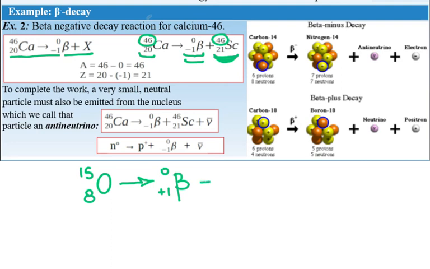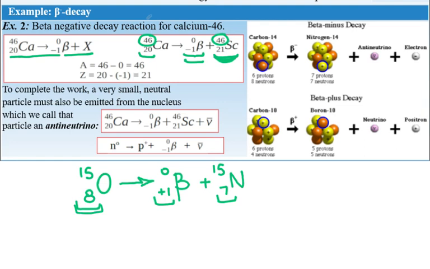The result, the daughter, is going to be nitrogen, N, with 7 protons and still the same number of protons and neutrons. It's just one of the protons becomes a neutron, and the sum of both of them together should give you number 8.